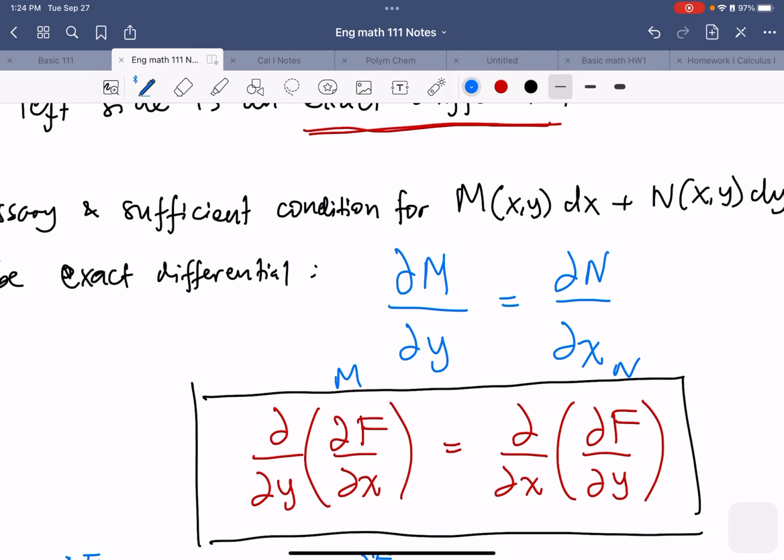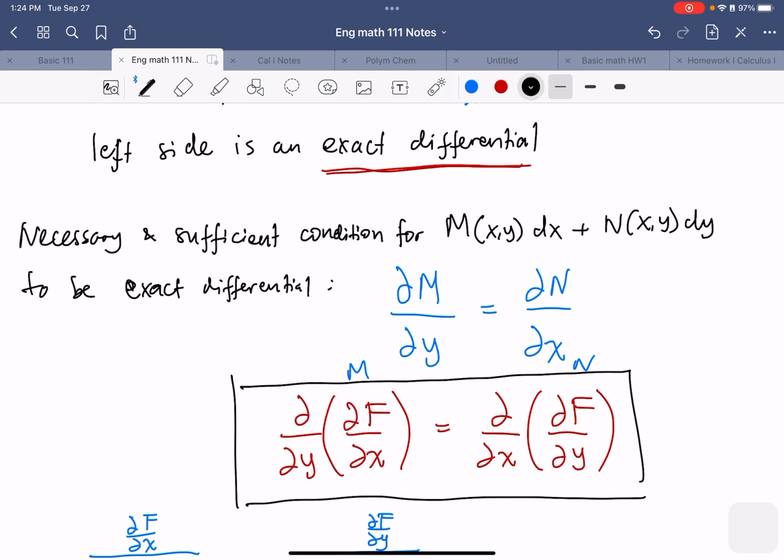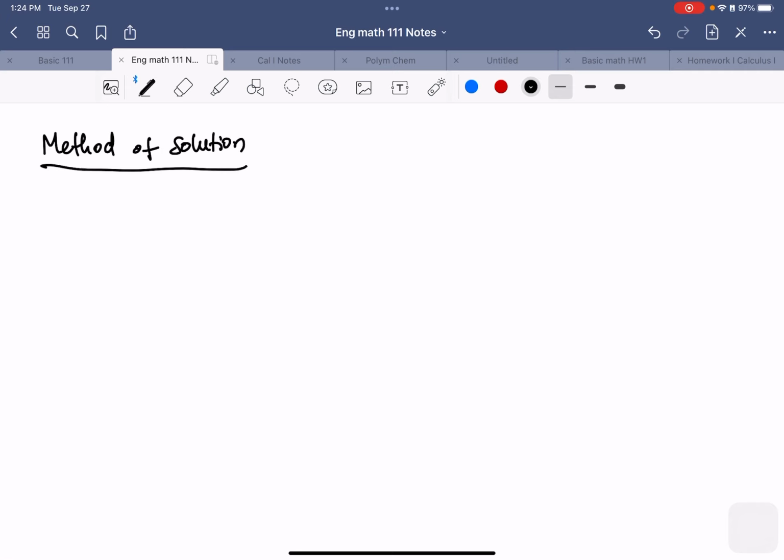Now let me rewrite this as a short summary on the next page. It will be the same thing. You can also add it into your notes. First, let me write the method of solution. So given M dx plus N dy equals 0, we start with this.